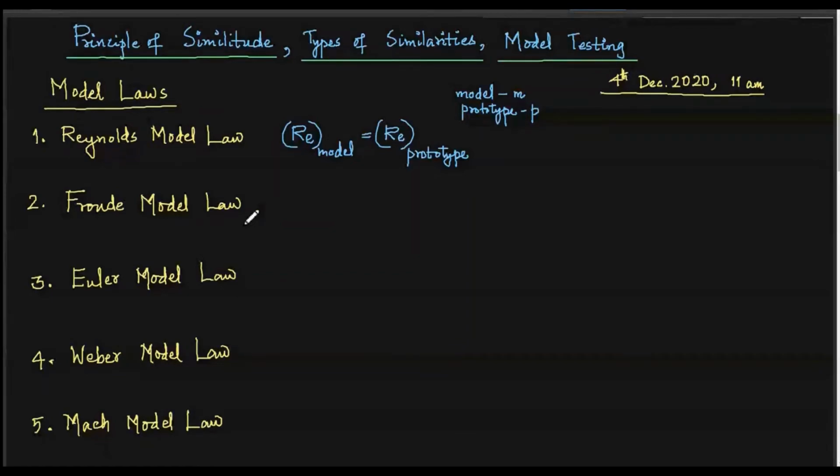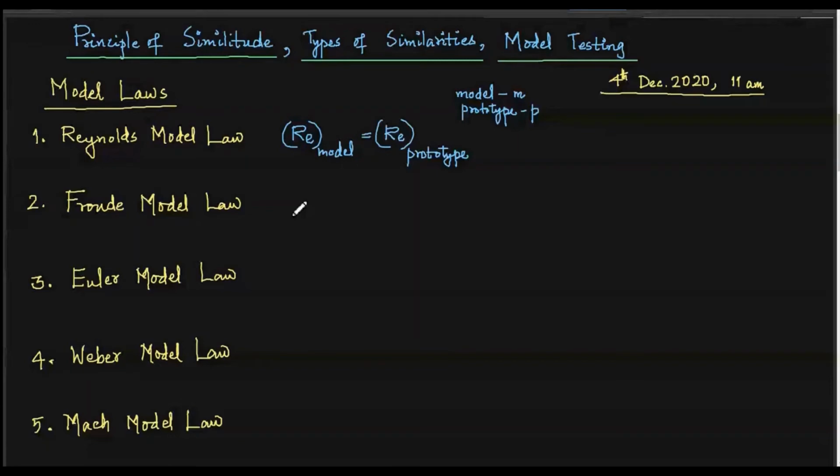There you have a free surface, so a free surface flow of fluid is involved. If the gravity aspect is involved, then Froude model law can be made use of. So when you consider the motion of a ship in sea or ocean, you will be considering Froude model law between the model of the ship and the prototype.